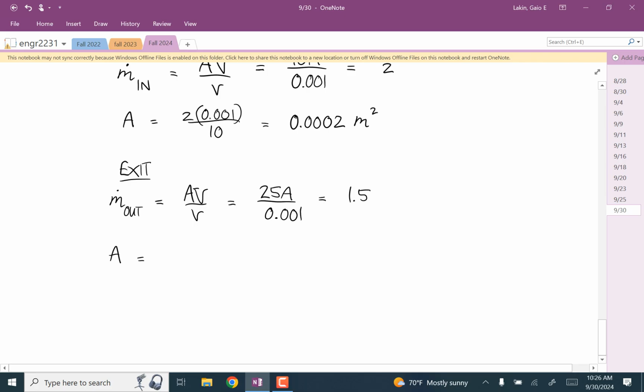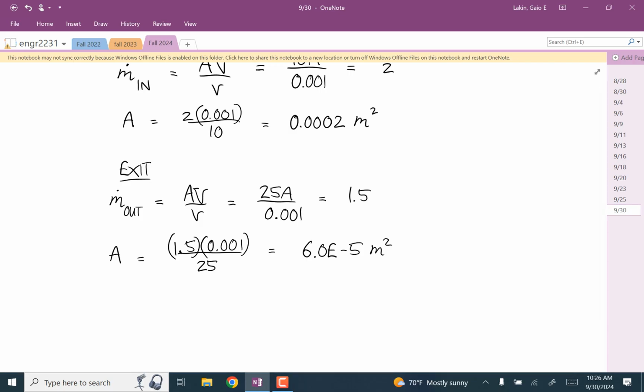And so A is equal to 1.5 times 0.001 divided by 25. And you get 6.0 times 10 to the minus 5 meters squared. And so that comes out to be about 0.8 centimeters if it's a square for a side length.